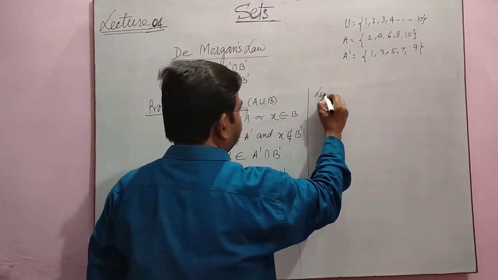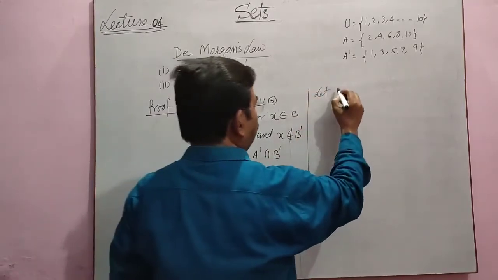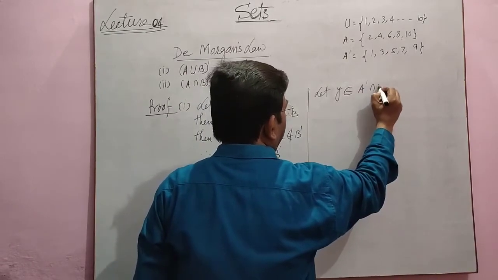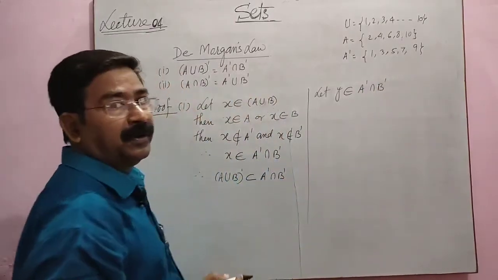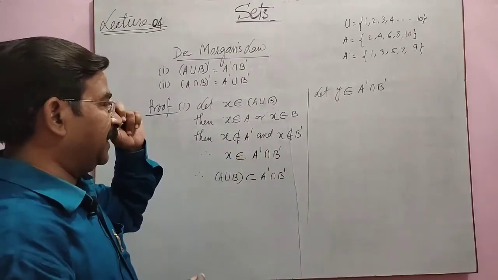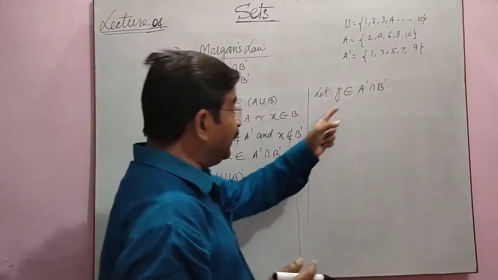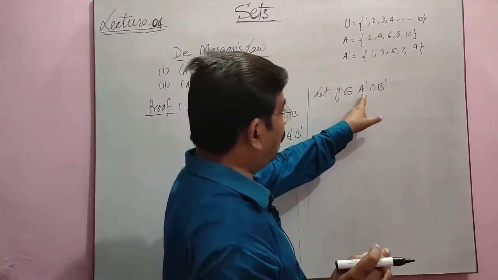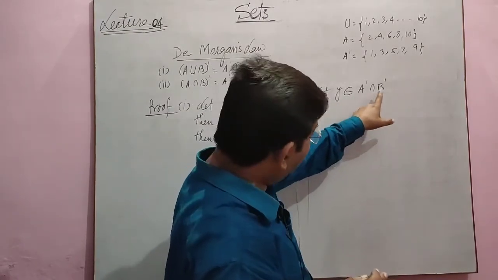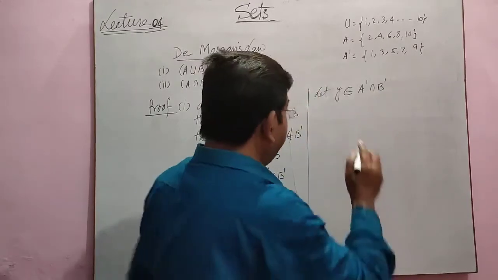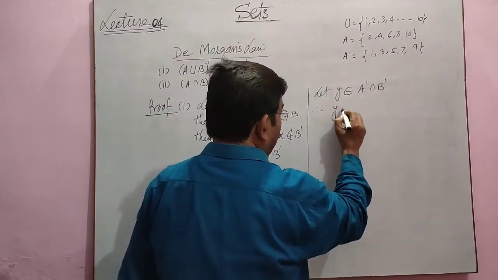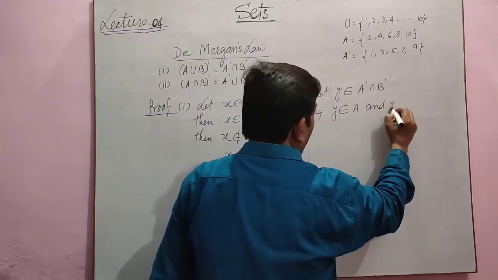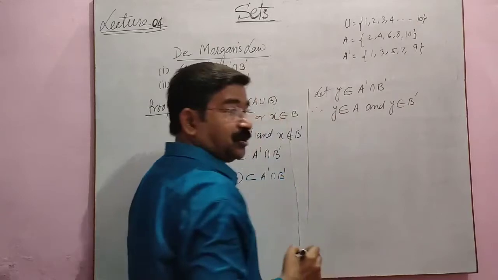Let Y be another element belonging to A complement intersection B complement, taking the right side. It means Y belongs to this. It means Y will be found in A dash and Y will also be found in B dash. Therefore we can say Y belongs to A dash and Y belongs to B dash.